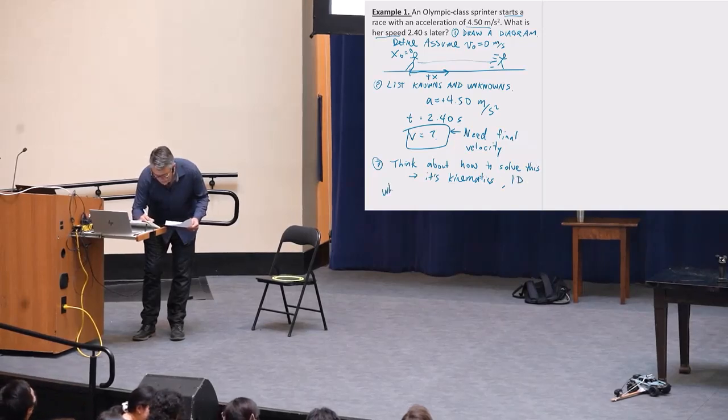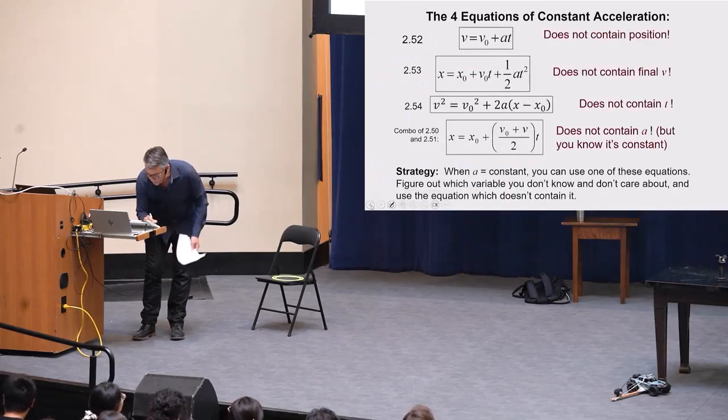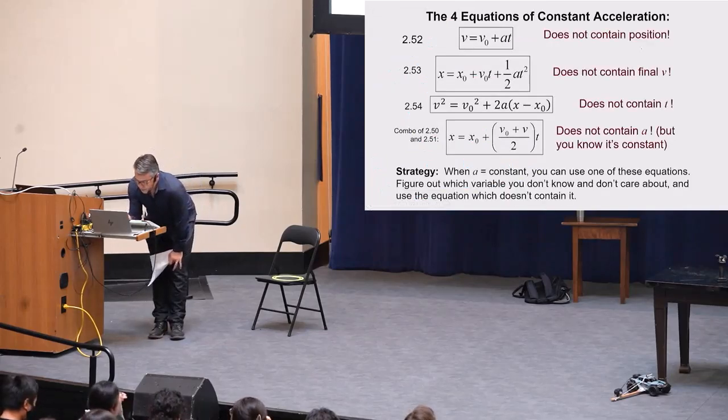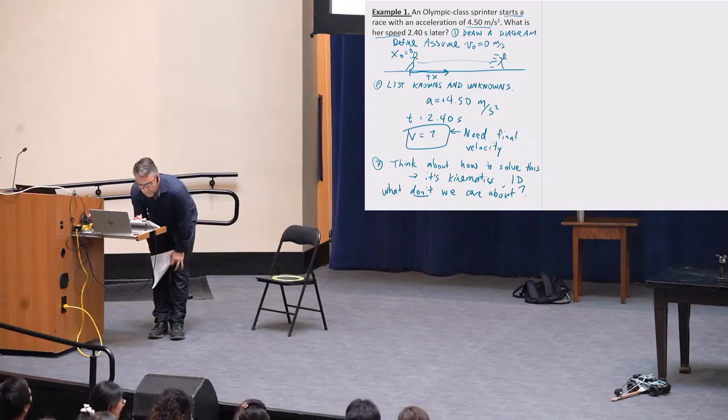Also, I like to think about what don't we care about. If you look back at those equations, they don't contain certain things. So there's usually something that you're not asked about and you're not given.